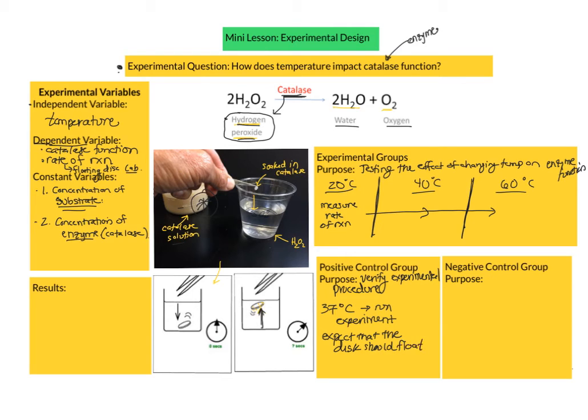If it doesn't float, that means something is going on, meaning that this is not an accurate way to measure catalase function if we can't get it to work at 37 degrees Celsius. All right, so that's the purpose of a positive control: you should have a positive result, meaning that you run the experiment with an expected result, and if you don't get that, then something is wrong.